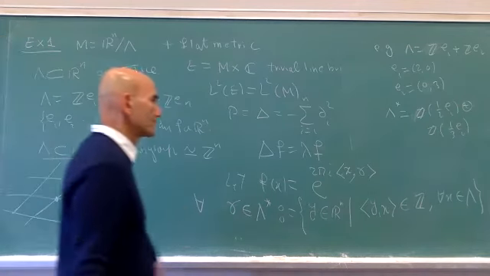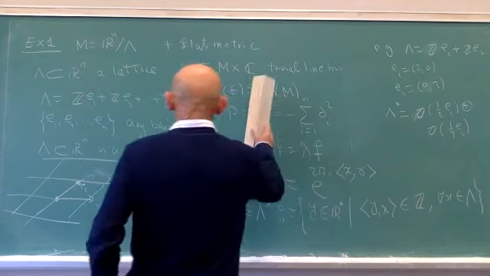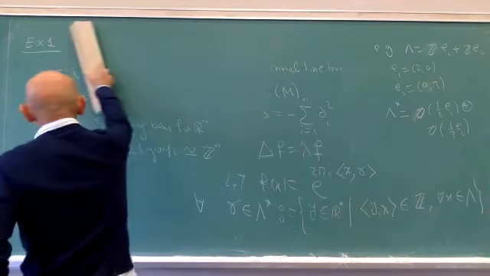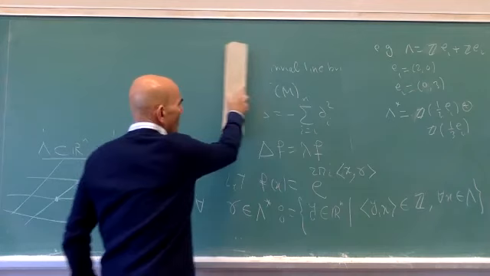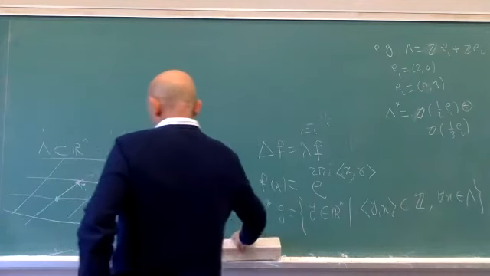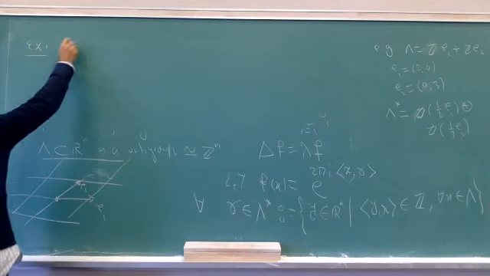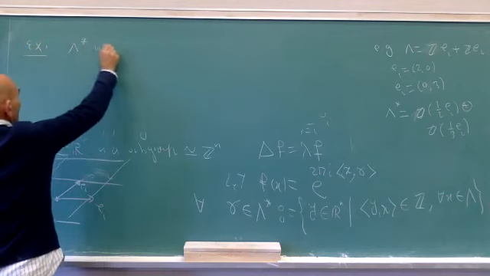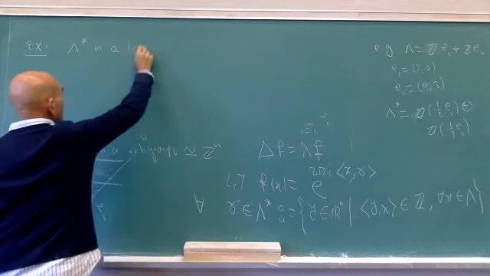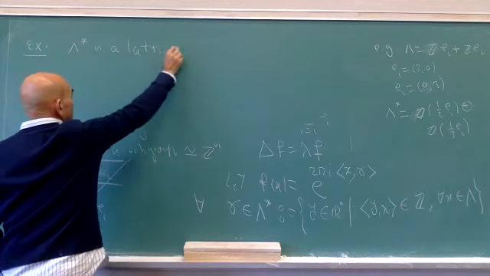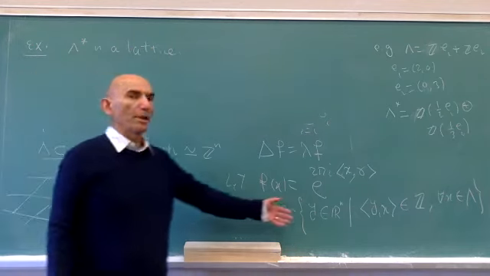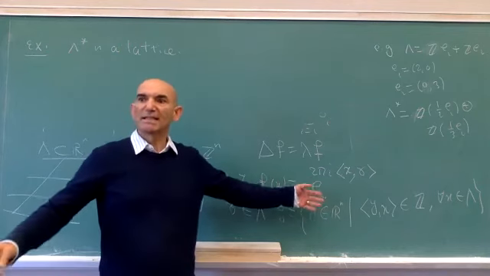So the exercise: show that this is a lattice. In other words, you have to show that there is a basis such that this can be written as Z e1 and so on.